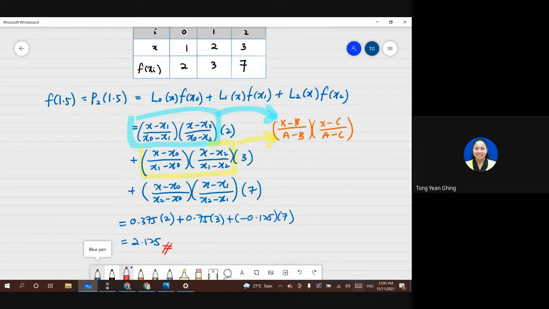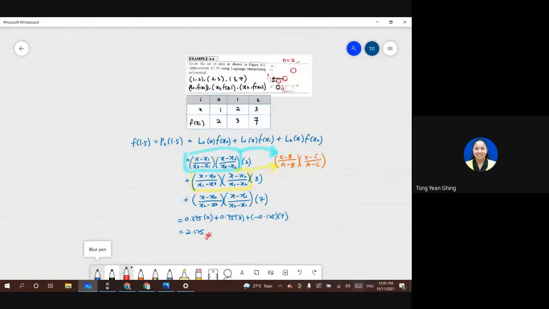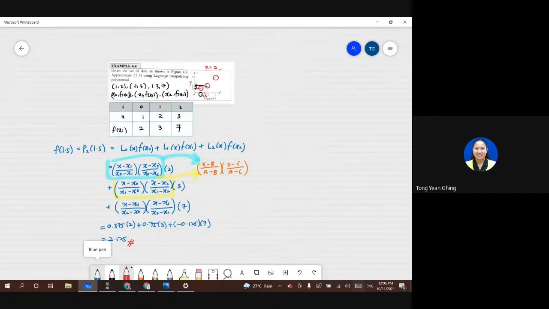Okay, so that's all. I hope you understand the Lagrange interpolation. First and foremost, you have to make sure how many data points there are, because we want to set the n. So n plus 1 is the number of data points. If the data points are 4, that means n is 3. Like this one, we got 3 data points, so n is 2. That means we have to do the polynomial until P2(x).